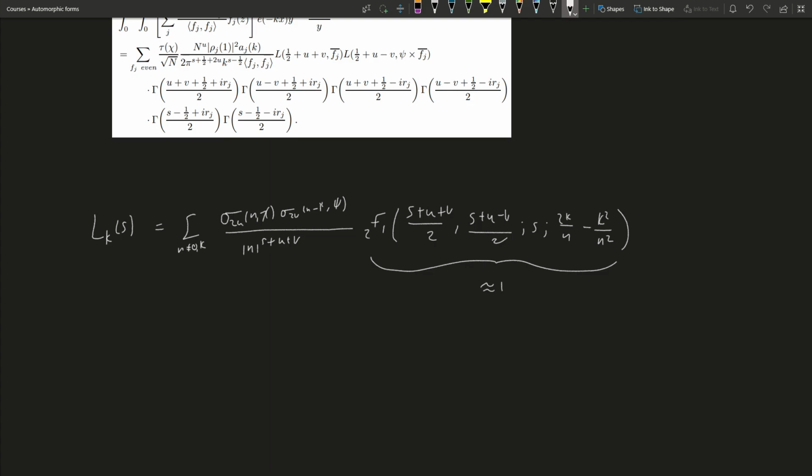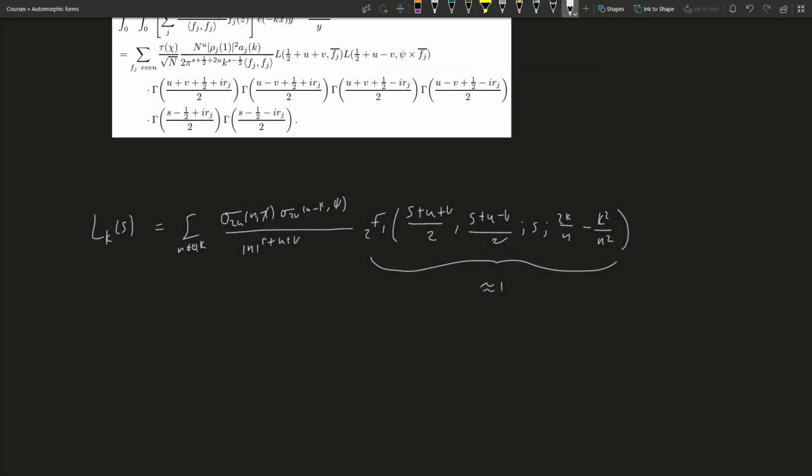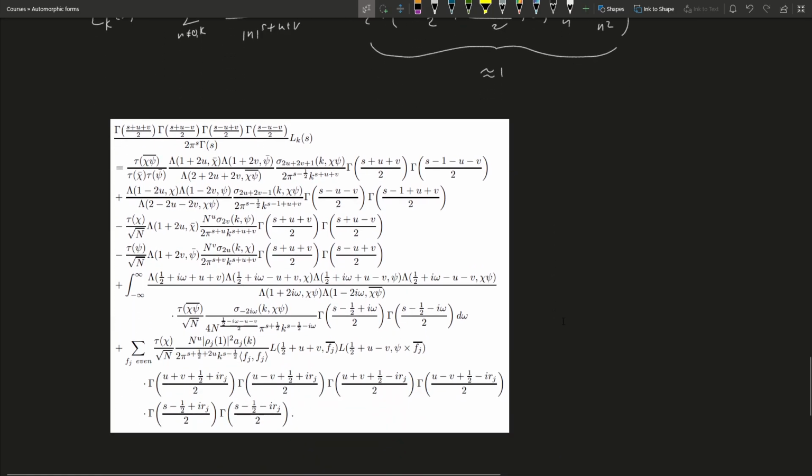Okay, so we have this function L_k, and doing spectral decomposition, we get the following identity. I'm going to copy paste this because it's pretty big. So this is the identity you end up getting.